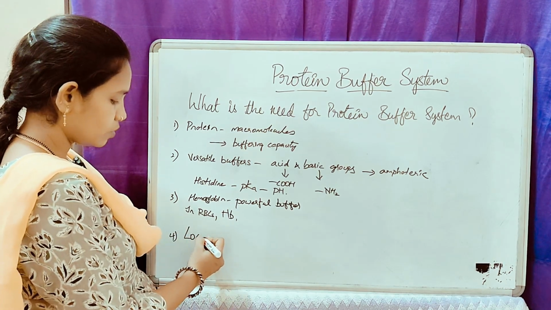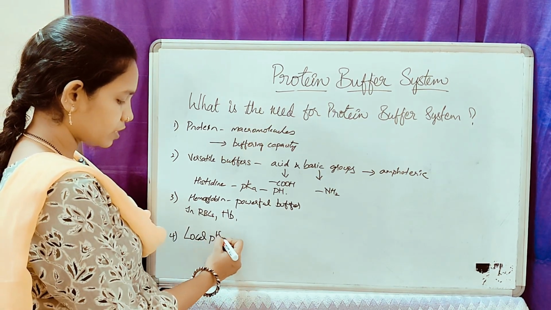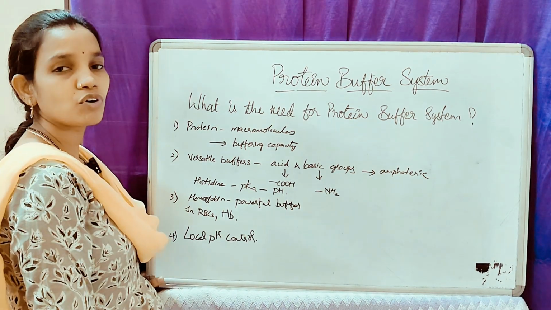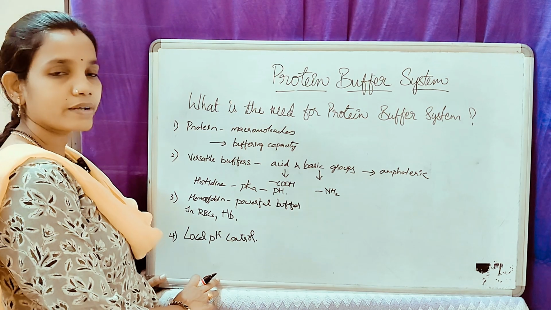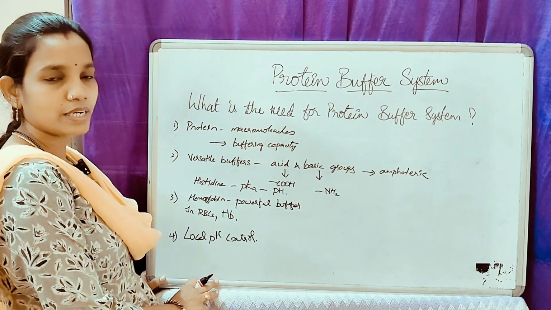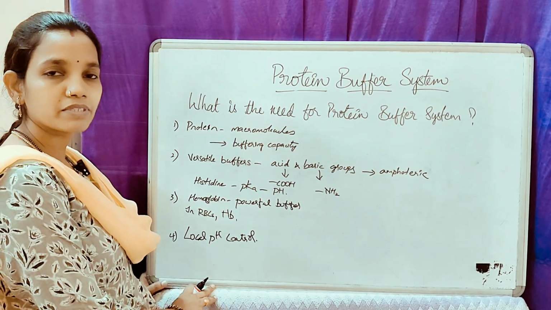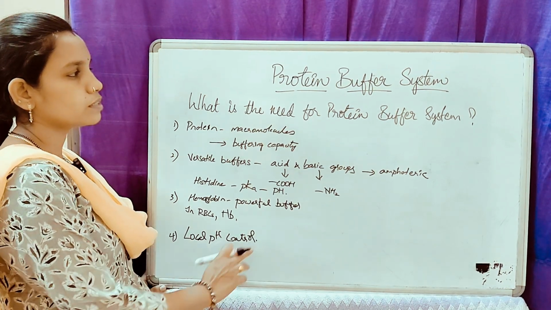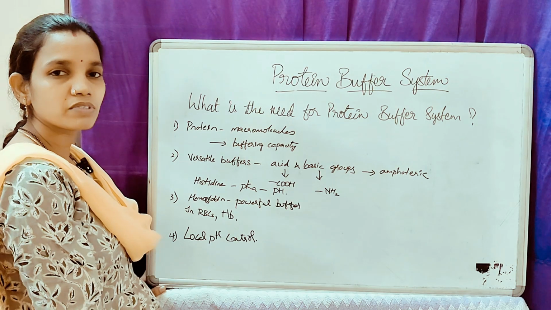Now let's see local pH control. We have already seen that phosphate buffer system regulate pH in the cytoplasm, and bicarbonate buffer system regulate pH in the blood. Now what is the importance of this protein buffer system?